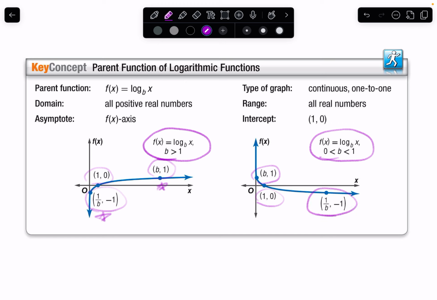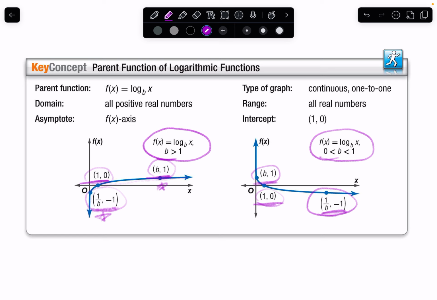So you'll notice that 1, 0 is the same on both of them. B, 1 is the same on both of them, and then 1/b, -1 is the same on both of them. It's really just going to look different because the b value is going to change. So if your b value is greater than 1, it should make sense that your graph is going up.